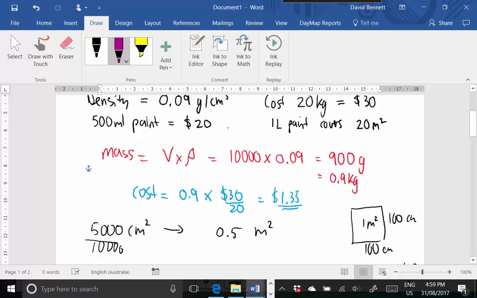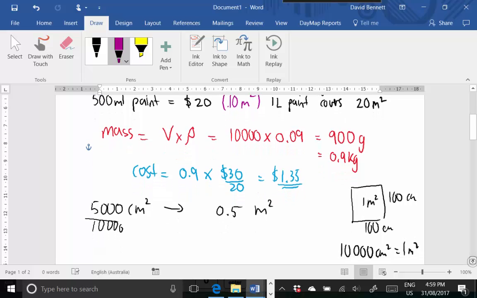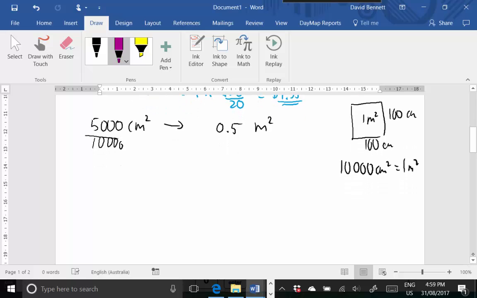So if that's the case, then 1 litre covers 20 square metres. 500 mils is going to cover basically 10 square metres. That's going to cost you $20. Right, so therefore in this particular case, if we're looking at 1 square metre, that's going to cost you $2. Right, so 1 square metre is going to cost you $2.